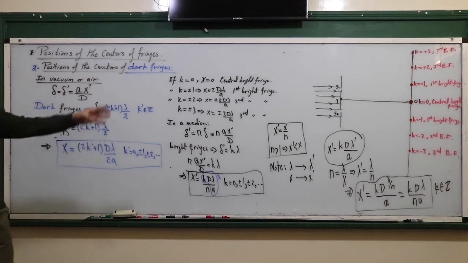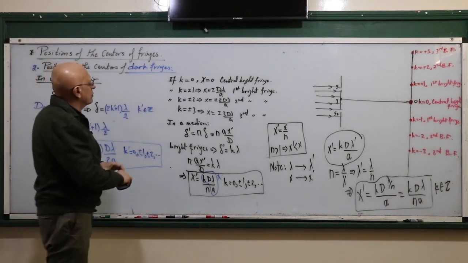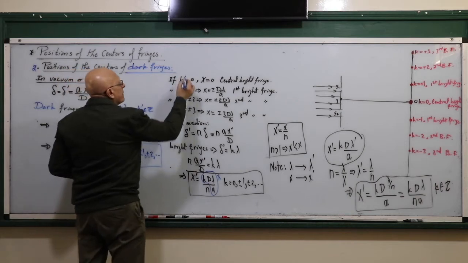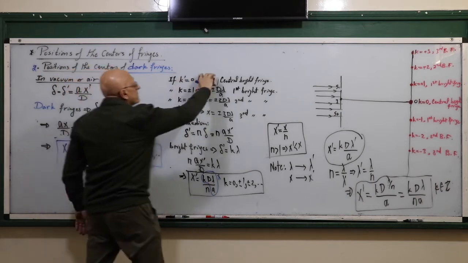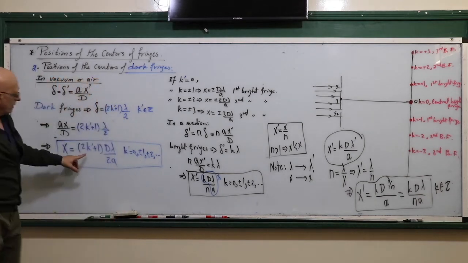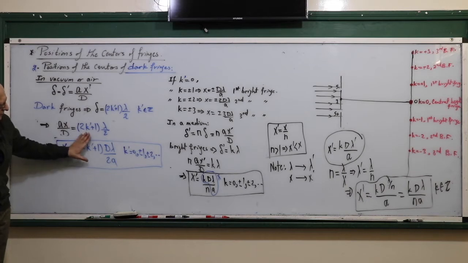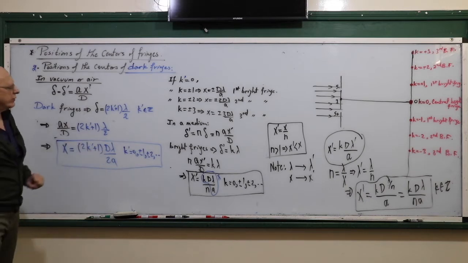Also, let's indicate some positions here. If K prime equals 0, let's see what will be the position. Substitute K prime 0, this will cancel, you get D lambda over 2A.